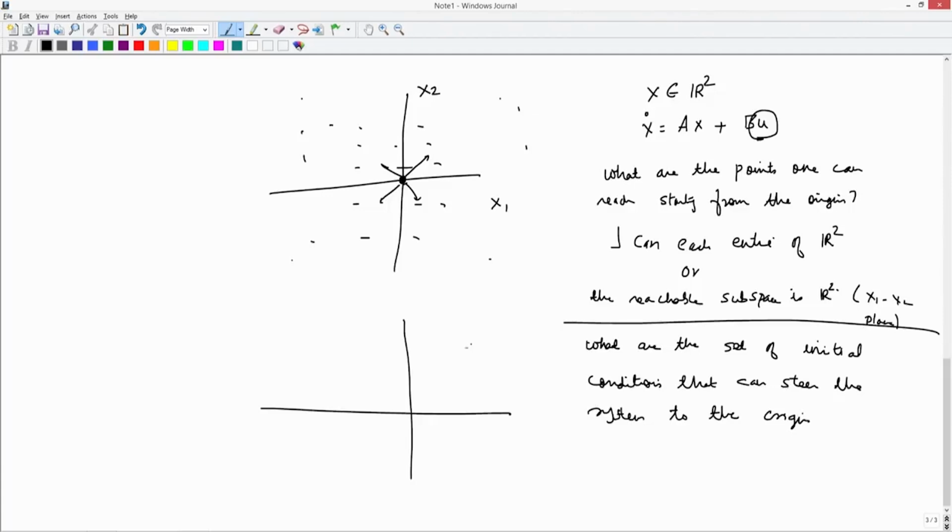So, if I start from here, so this is my x1 x2 plane, by the application of some control can I go back to the origin, starting from here can I go back, right. And then if I find the set of all points, that will give me the controllable subspace.